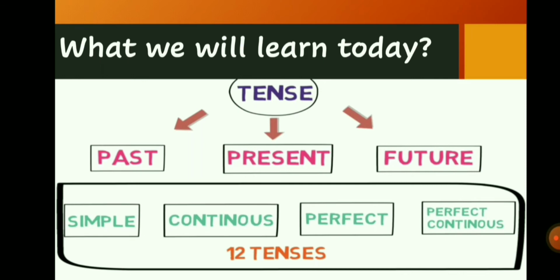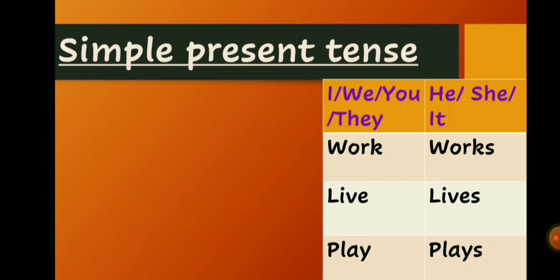So let's begin with the first tense, that is simple present tense. Simple present tense forms: subject plus verb in the present or V1 form. We make simple present tense with a subject I, you, we, they, he, she, it and a verb in the present or V1 form.